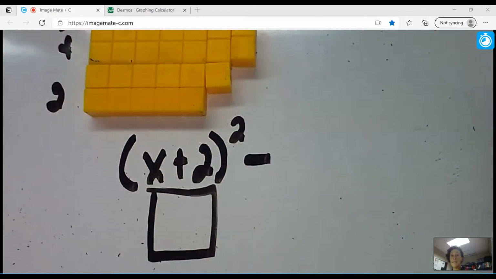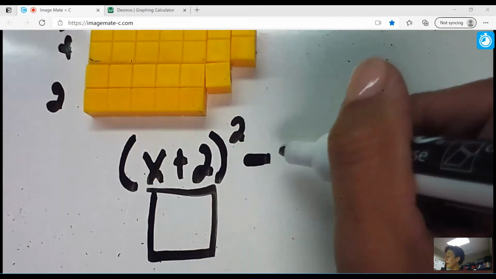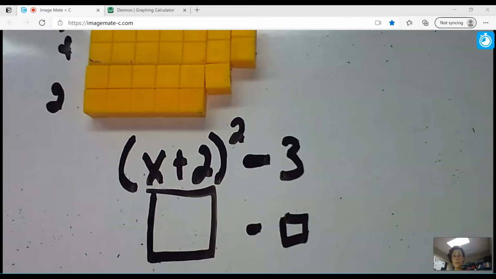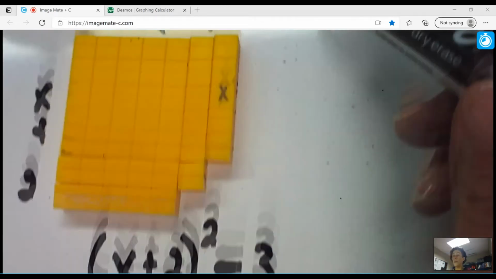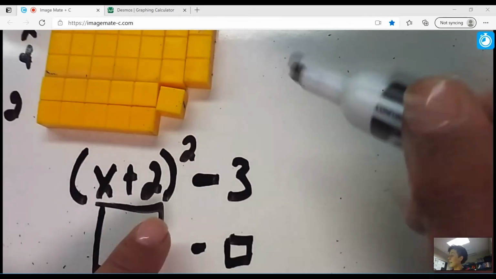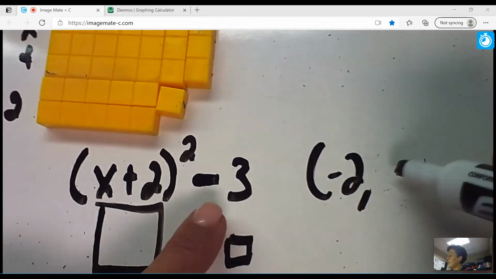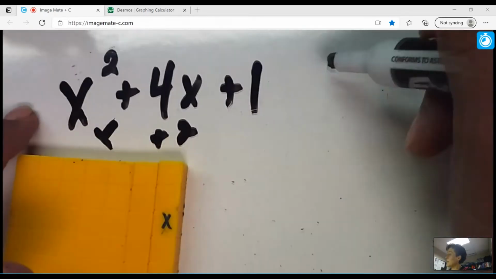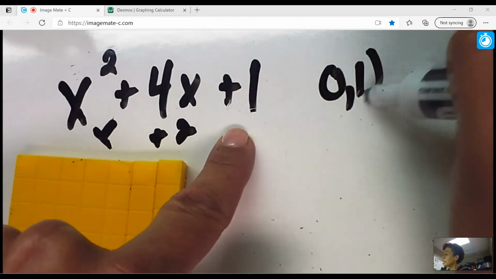It's lost 3 of these little squares. And so since it's 3 of them, I'll put minus 3. So again, we just went from standard form to vertex form. I can see the vertex of -2, -3. I can see the y-intercept, 0, 1.